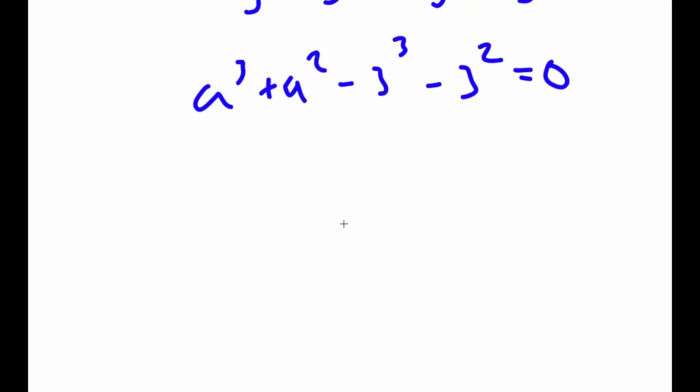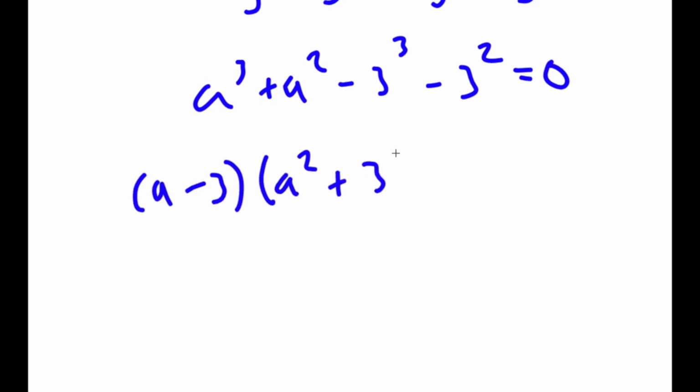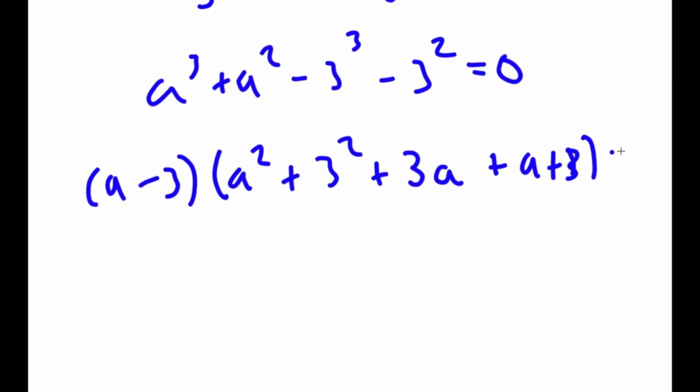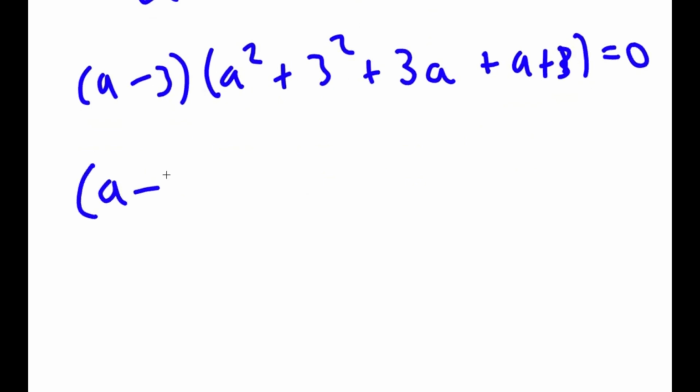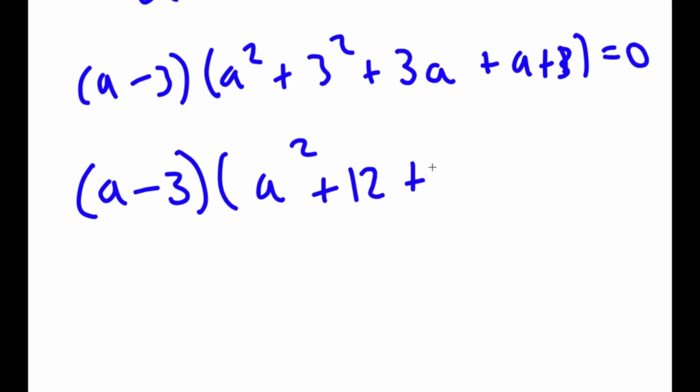Now I can rewrite this to be in the form a minus 3 times a squared plus 3a plus 9 plus a plus 3 is equal to 0. And this simplifies to a minus 3 times a squared plus 4a plus 12 is equal to 0.